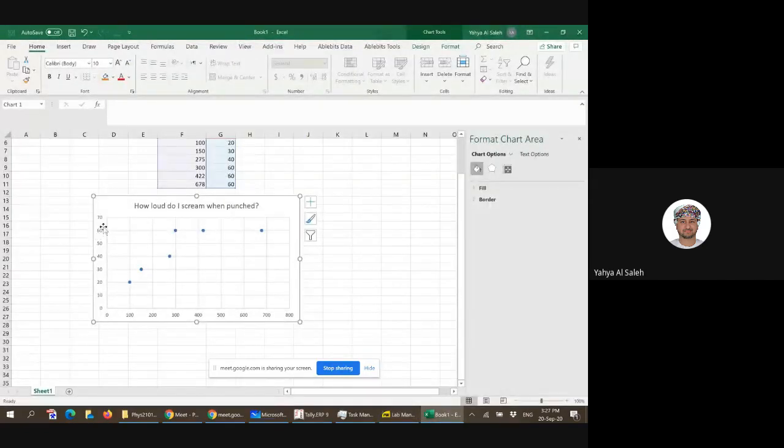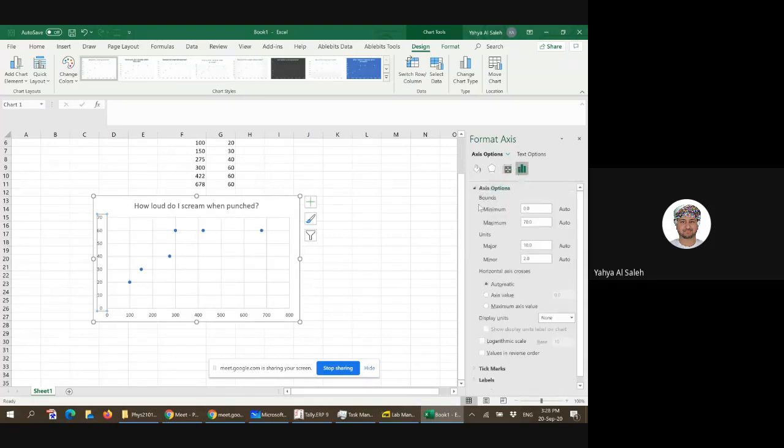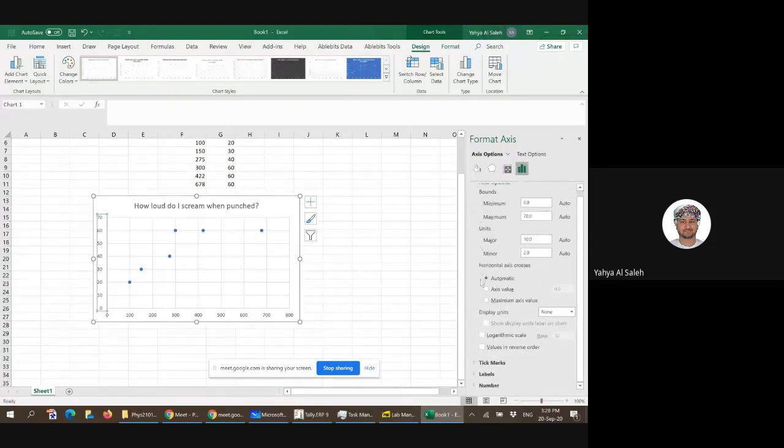If I double click on this, I will get these. Not useful. Not very useful. Axis options. Display units.